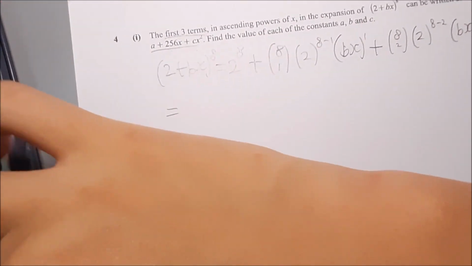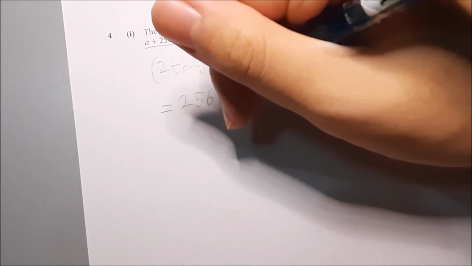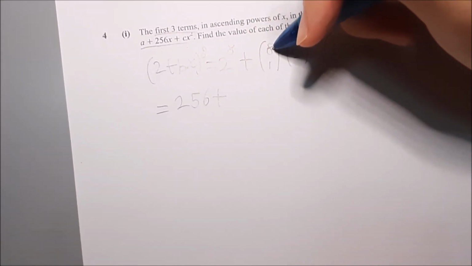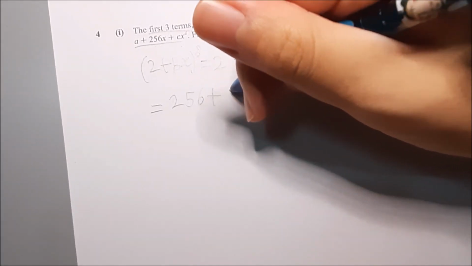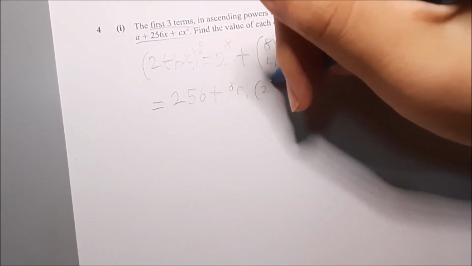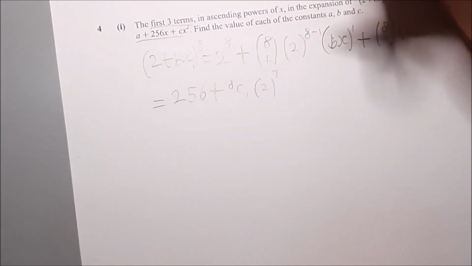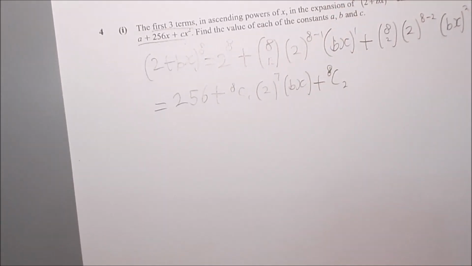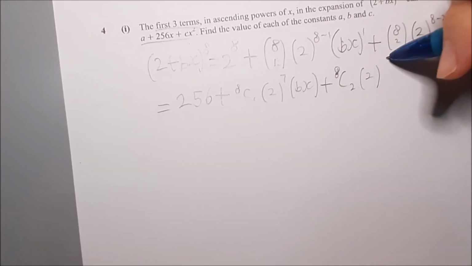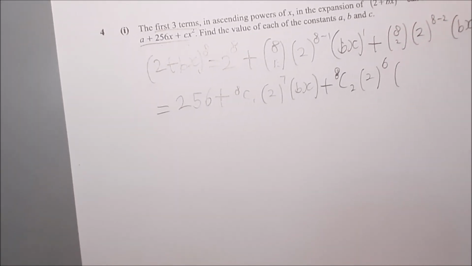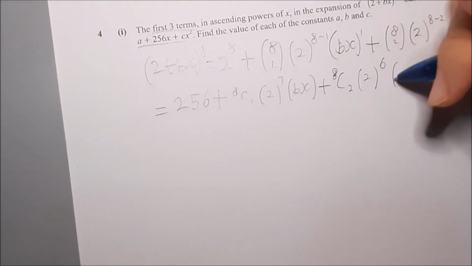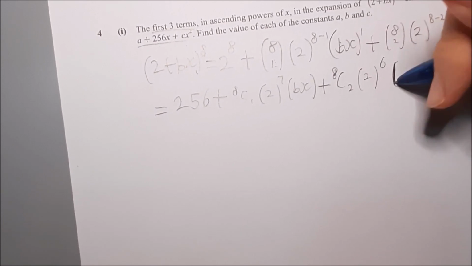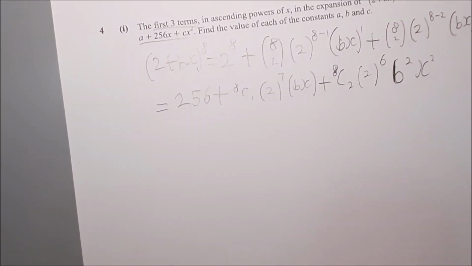And then from here you just simplify, so 2 to the power of 8 is 256, plus 8C1, which means 2 to the power of 8 minus 1, which is 7, and bx, plus 8C2, 2 to the power of 6, and bx, the whole thing squared, which also means b squared x squared.